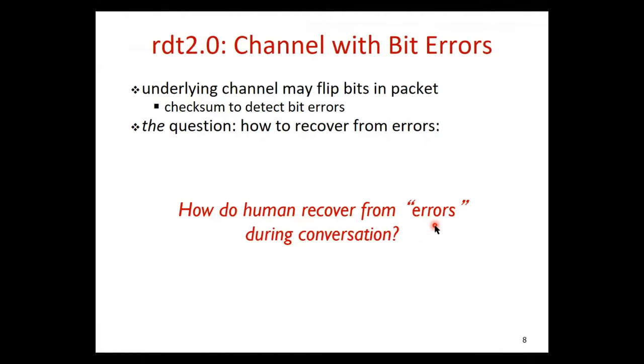So let's look at the human case. How do we recover from errors during a conversation? First, what is an error during, let's say, a phone conversation? And then how do we recover from errors?